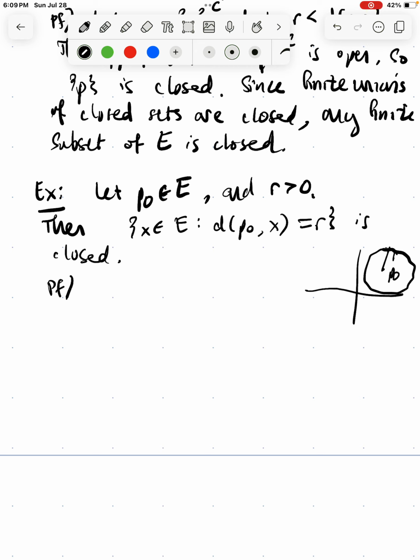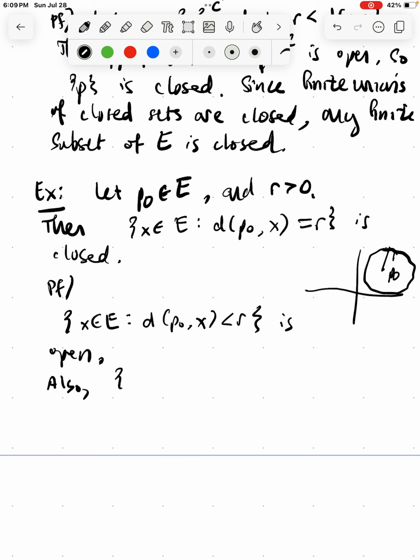Okay, let's prove that. Well, we know that if you look at the elements X in E such that the distance between P naught and X is less than R, this is open because this is just an open ball, right? And also we know that the set of elements such that the distance between P naught and X is less than or equal to R is closed.